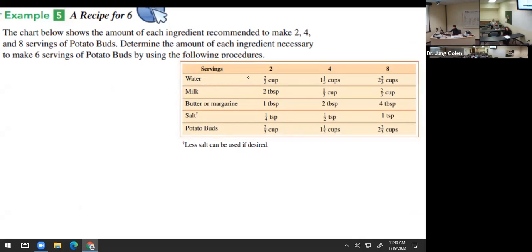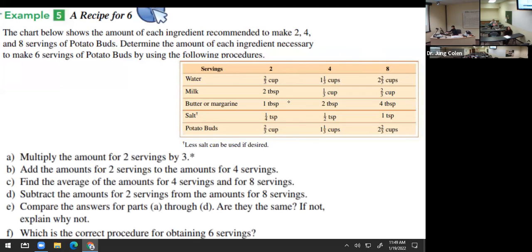Maybe something similar. Anyways, for 2 servings, you need this much. So 2/3 cup of water, 2 tablespoons of milk, 1 tablespoon of butter or margarine, 1/4 teaspoon of salt, and then you can make 2/3 cup of potato buds, right?